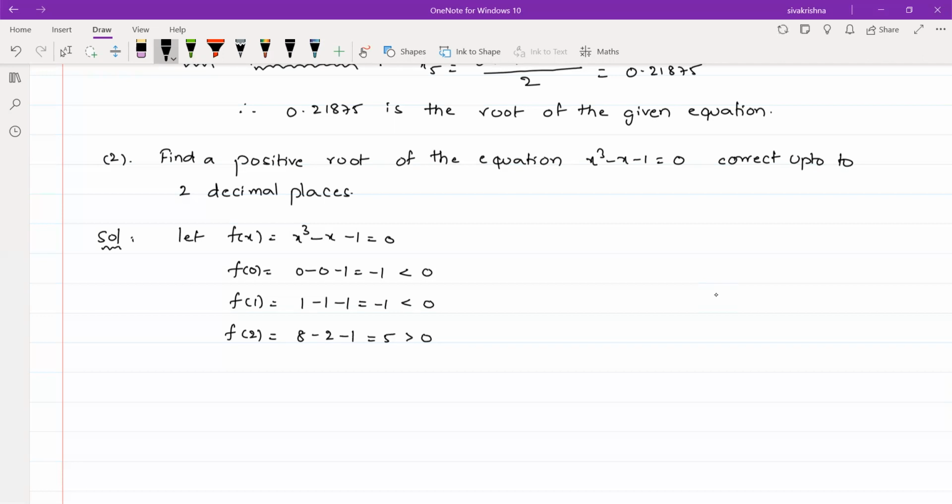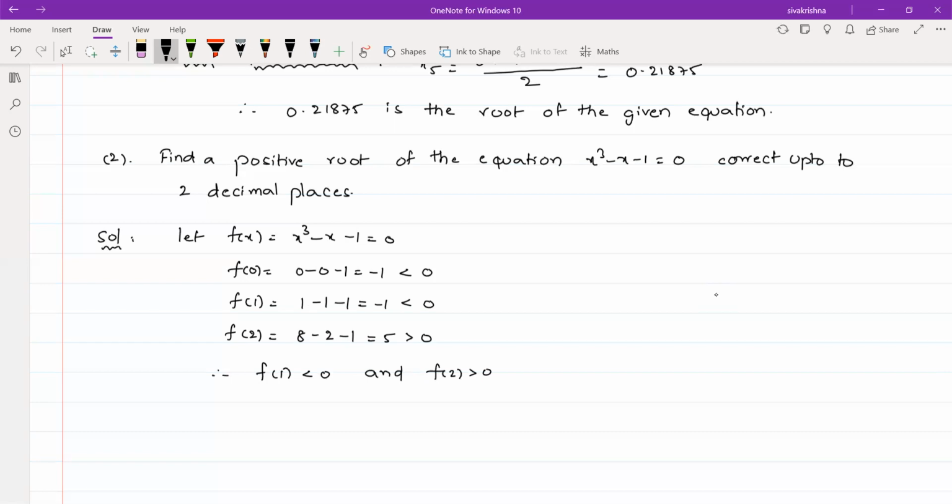But I am going to select 1 and 2, because the distance between 1 and 2 is smaller compared to 0 and 2; 1 and 2 are nearer to each other. Okay. So I have selected 1 and 2. Therefore f of 1 is less than 0 and f of 2 is greater than 0.